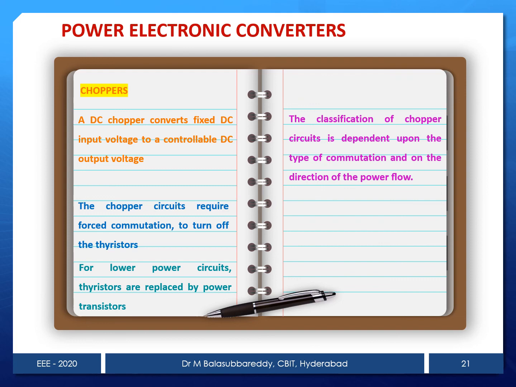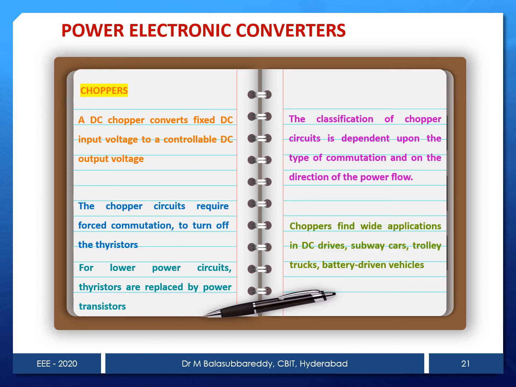The classification of chopper circuits depends upon the type of commutation and the direction of power flow. There are different types: step up chopper, step down chopper, up and down chopper, and based on quadrant operation, first quadrant, second quadrant, first and fourth, first and second, and all four quadrant operated choppers.